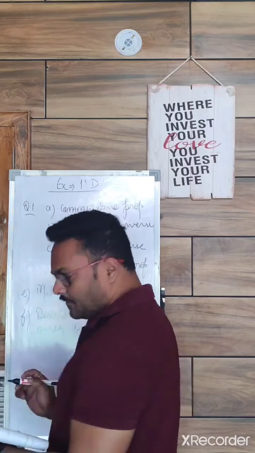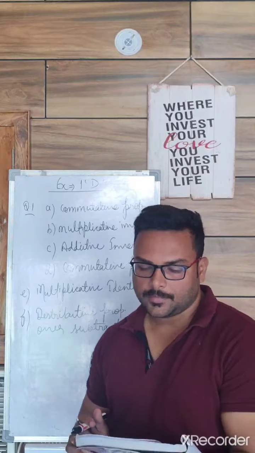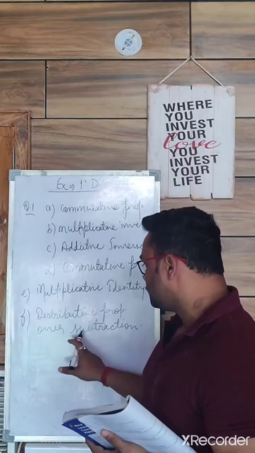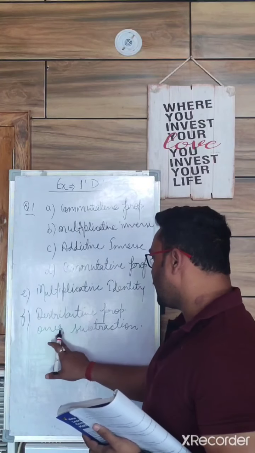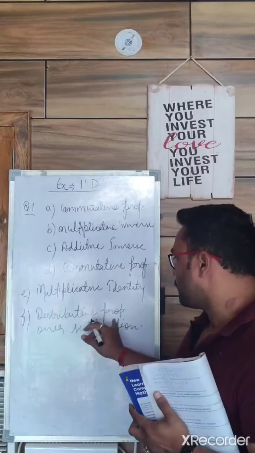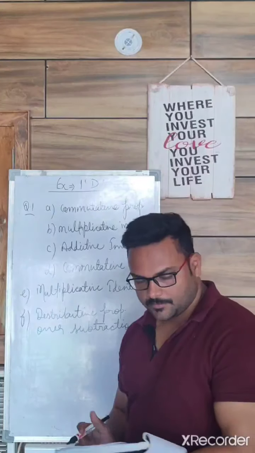Okay. If it is 5 by 8 into 1 by 2 plus 1 by 3, then since there is plus, you can write over addition. It is given minus now, so that is why I write distributive property over subtraction.